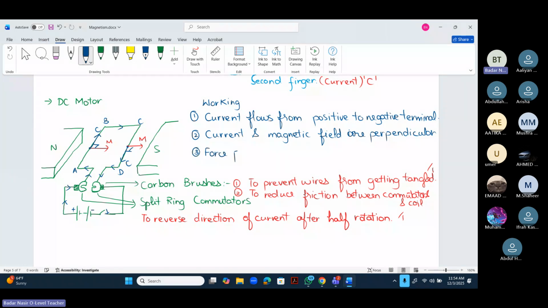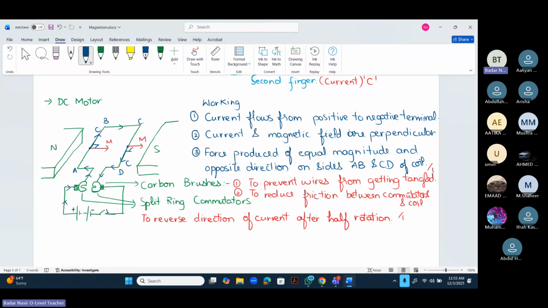Force produced of equal magnitude and opposite direction on sides AB and CD. ठीक है, तो सबसे पहले आपने बताना है कि current will flow from positive to negative, current और magnetic field are perpendicular. तो इससे ये होगा कि फोर्स प्रोड्यूस होगी which is equal in magnitude and opposite in direction on sides AB and CD. ये बता दिया. So this is actually one point.